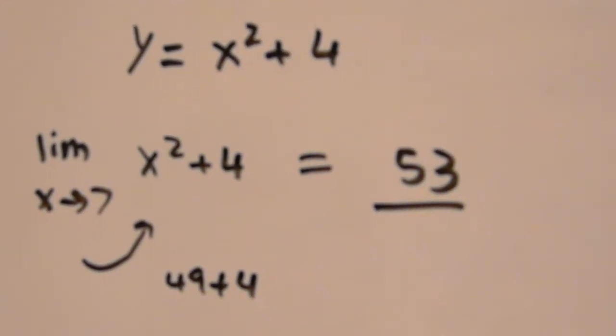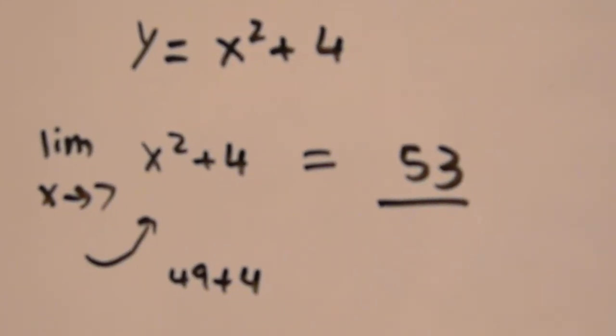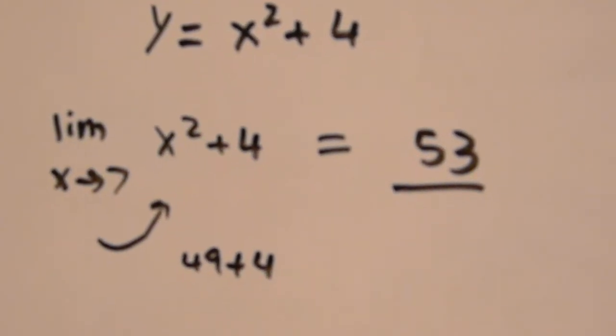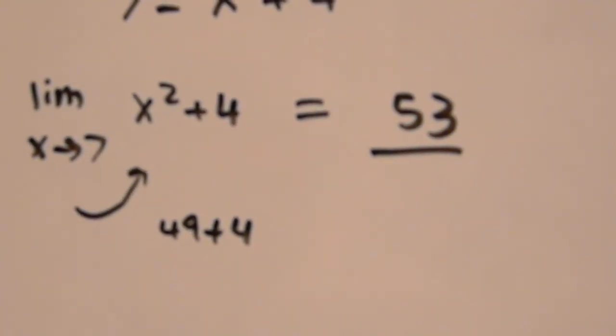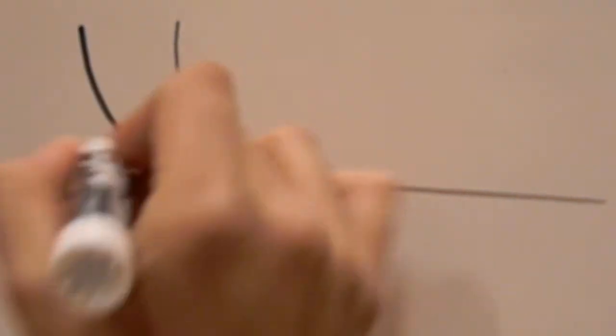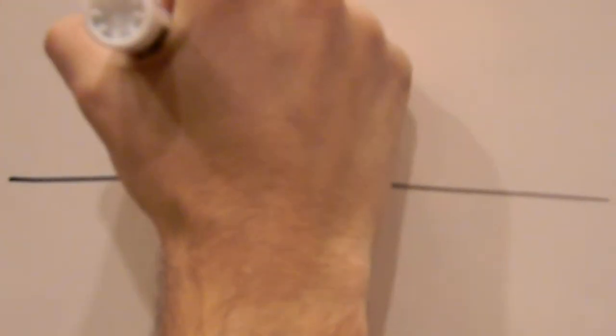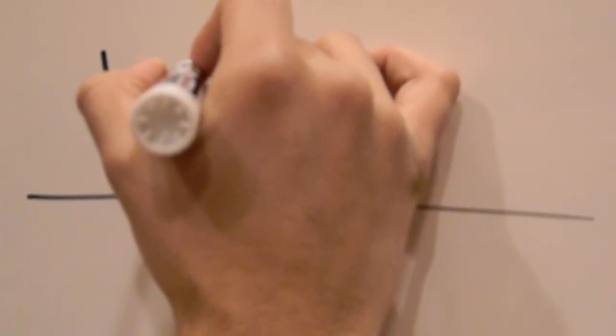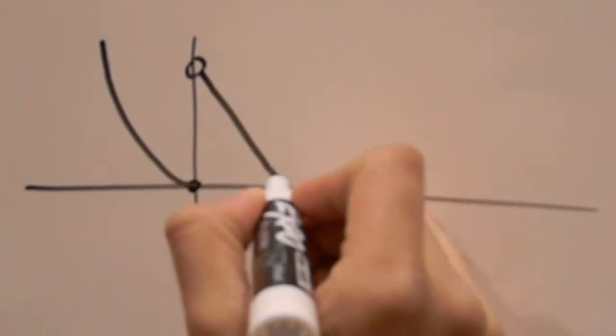Now that we see how that works, let's use another example, but start with a graph. So let's say we have a graph, and it's defined differently at each part.